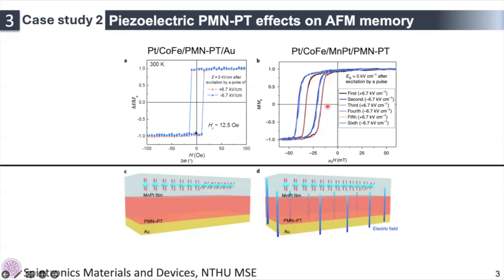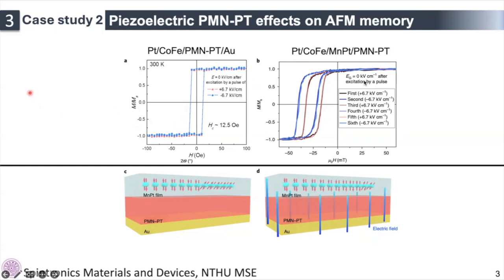Figure A is the hysteresis loop of PMN-PT, copper iron, manganese platinum, and gold. And figure B is the hysteresis loop of the PMN-PT, copper iron, and manganese platinum.